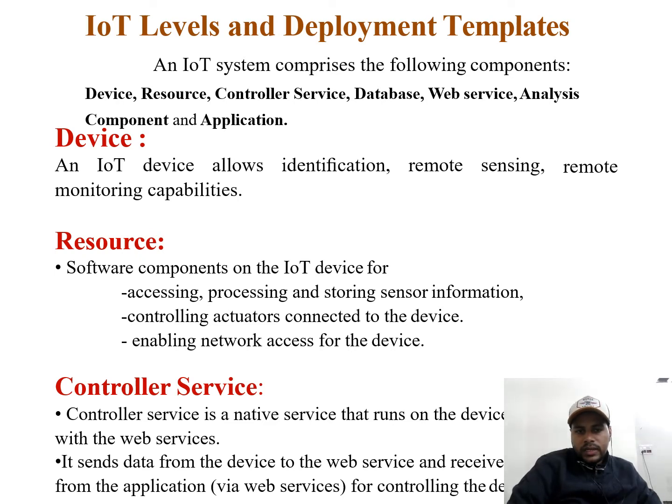It covers how to access the sensor information, how to process the sensor related information, and where to store it. Resource is also for controlling actuators connected to the device, and it also enables network access for the device.